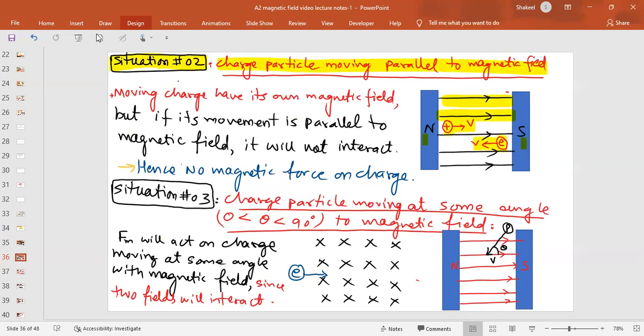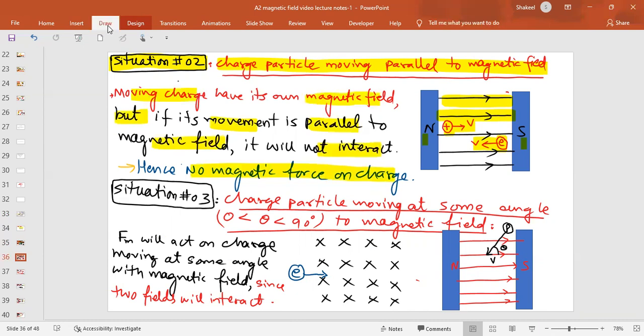When they move parallel, they will again experience no magnetic force. And why is that? A moving charge has its own magnetic field, okay? But if its movement is parallel to the magnetic field, the magnetic field of the charge will not interact with the other magnetic field lines. Hence, there would be no magnetic force. So in situation 1, when the charge was at rest, no force. In situation 2, when the charge is moving parallel to the field, no force again.